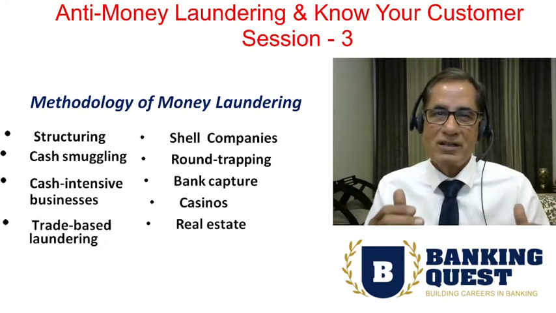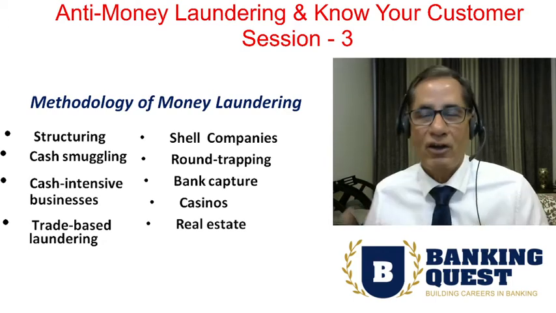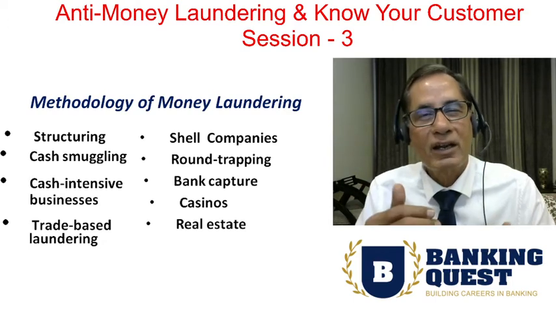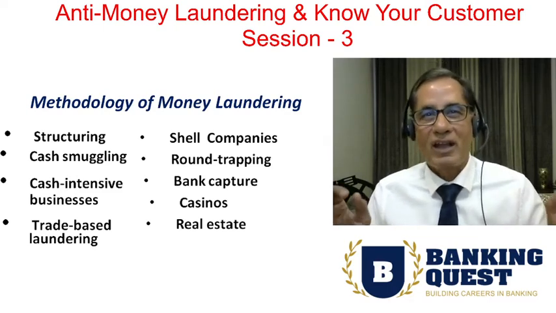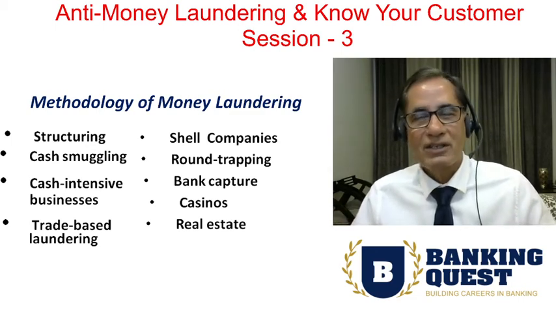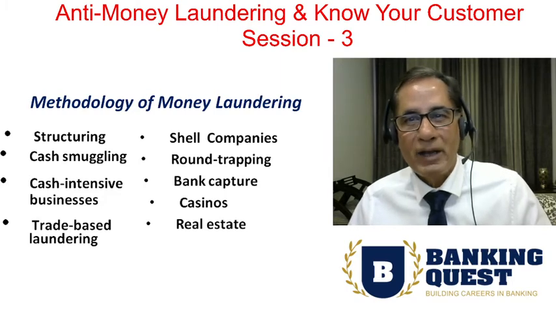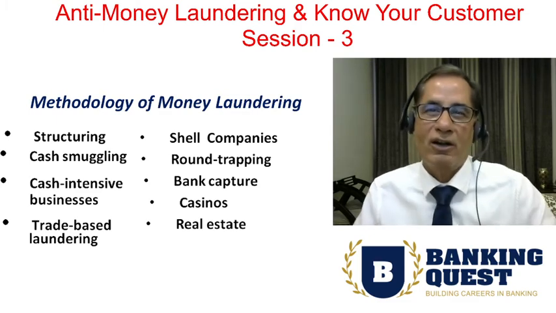So friends, these are the general methodologies which a money launderer generally adopts to convert his dirty money into clean money: structuring of transactions, cash smuggling, cash intensive business, trade-based laundering, shell companies, round tripping, bank capture, casinos, and real estate.